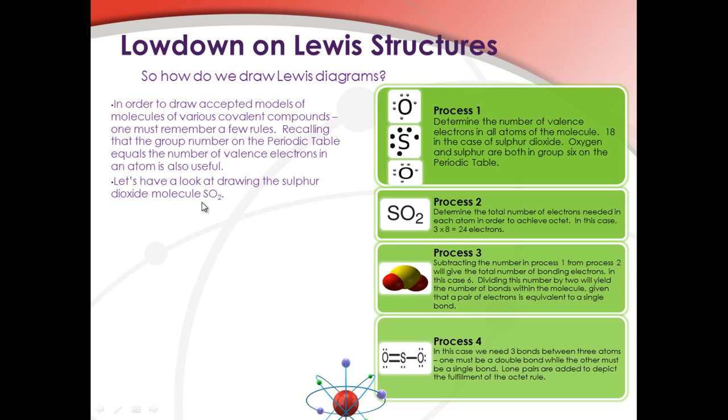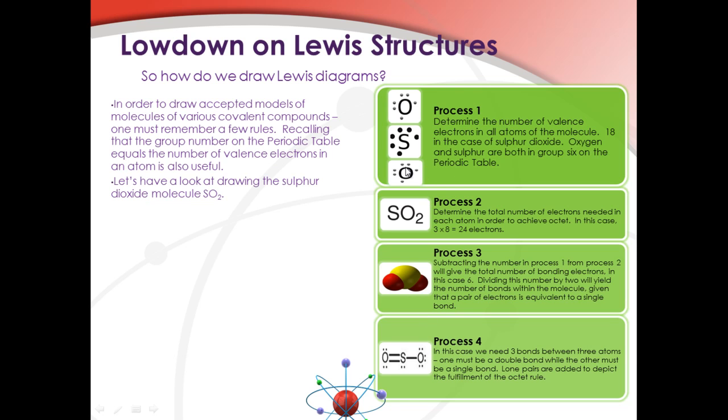Note that it's a molecule consisting of one sulfur and two oxygen atoms. But how are these actually bonded together? Sulfur, being less electronegative than oxygen, appears at the beginning of the formula and also is the central atom in the molecule. Now, I'll just step us through a process in order to draw it.